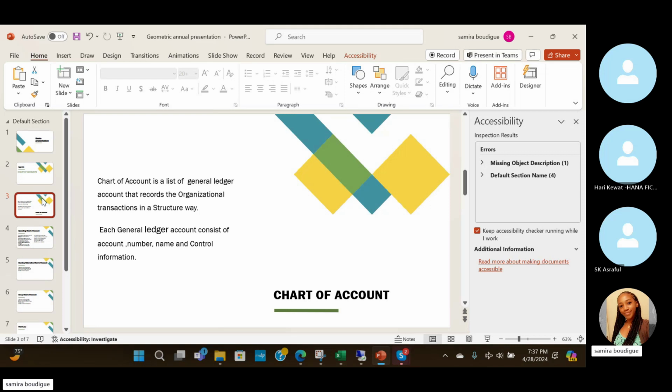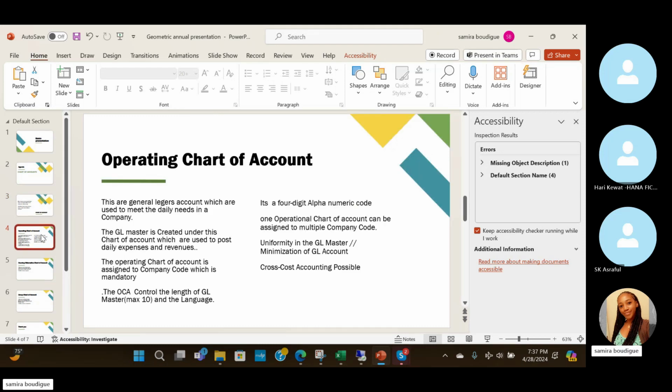Each general ledger account consists of an account number, name, and control information. There are three types of chart of accounts. We have the operating chart of accounts, the group chart of accounts, and the country or alternative chart of accounts.